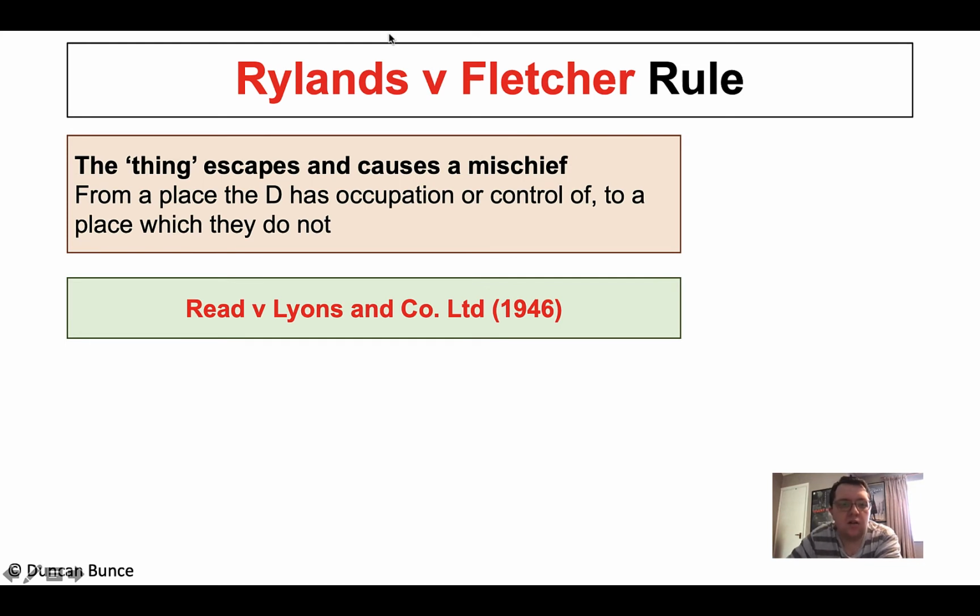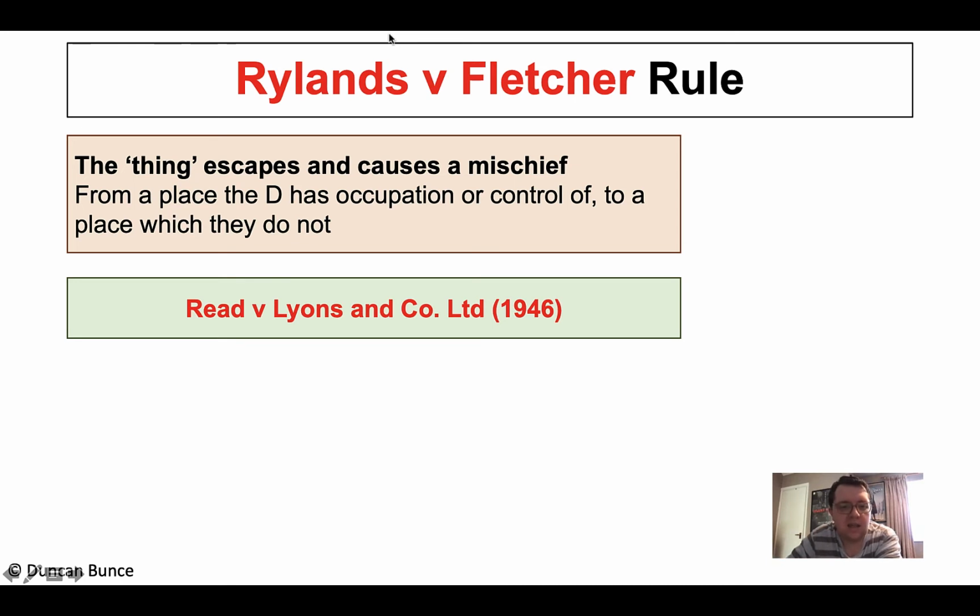So just looking a little deeper here, the thing escapes was one of the components and causes a mischief, and here the defendant has to have this thing initially within their control, or indeed occupied by them, and then obviously the thing escapes onto the adjoining land.